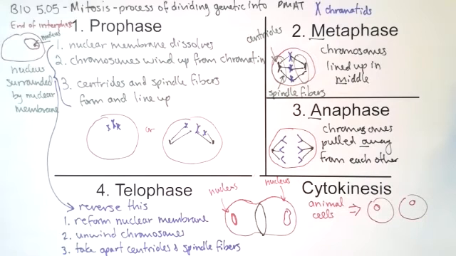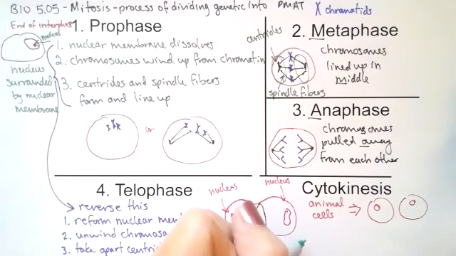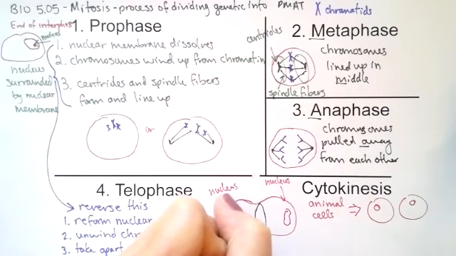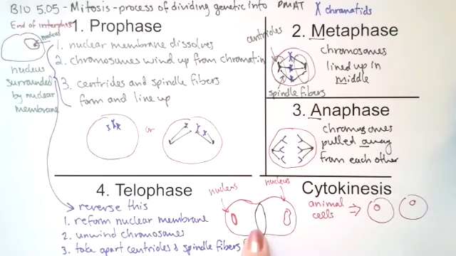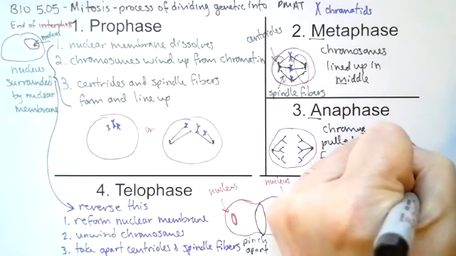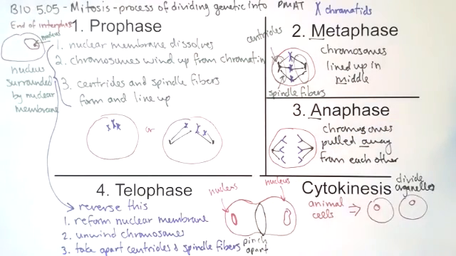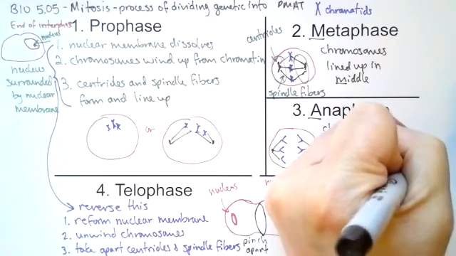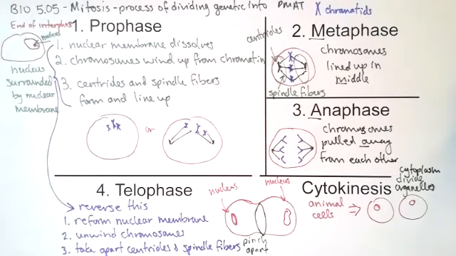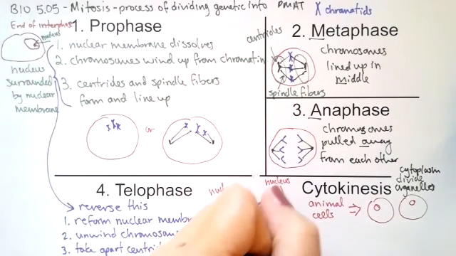If you have a plant cell, this happens a little bit differently. So this pinches off. So let's say that these two cells pinch apart. And as they do so in cytokinesis, we divide the organelles and the cytoplasm. If it's a plant cell, let me see if I can squeeze this in.